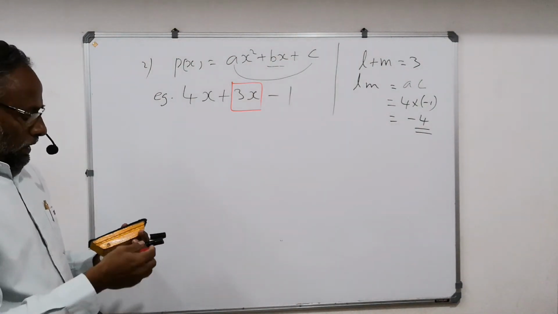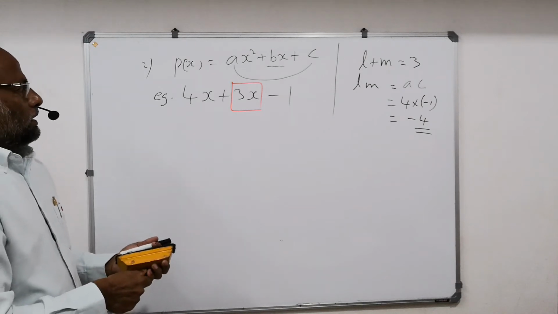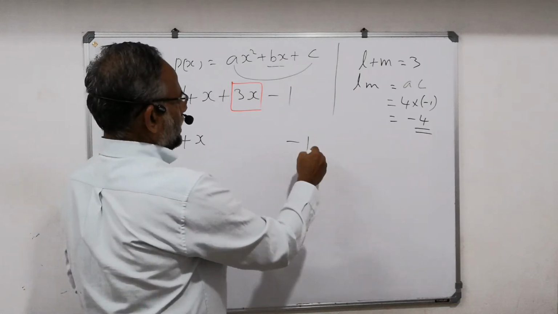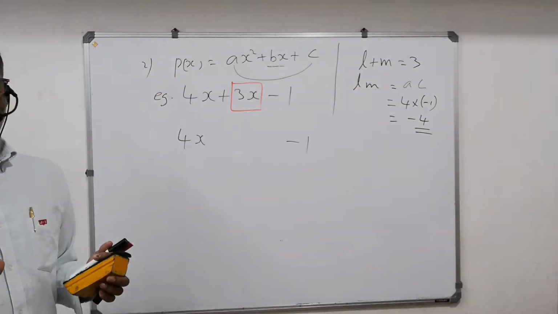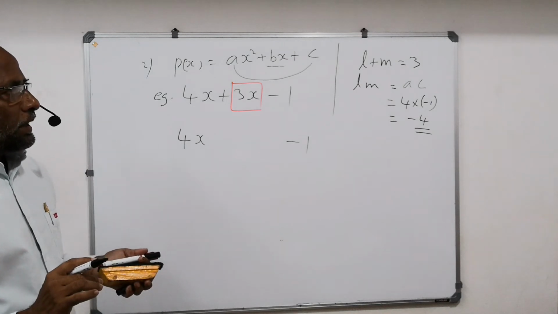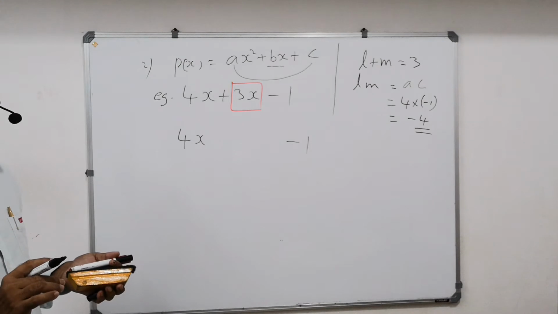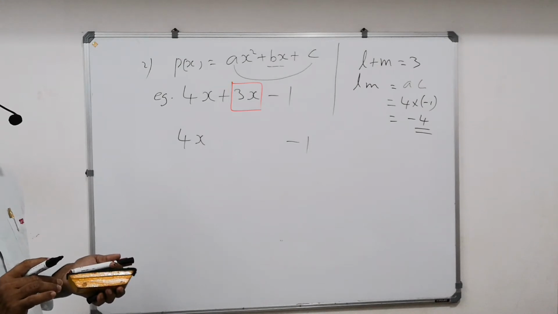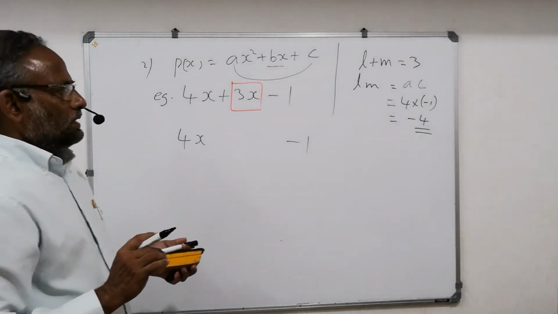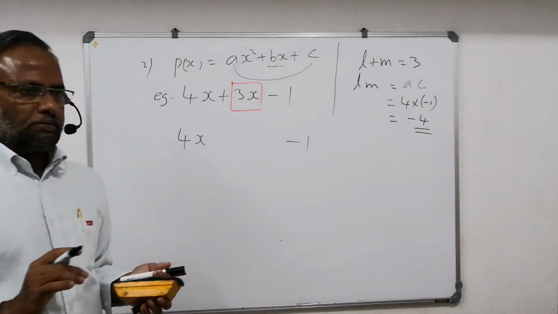Now, for x, you have to write for x only. Here, now minus 1 you have to write. Now split the middle term. How? AC is equal to minus 4 and L plus M is equal to 3. Now think about two numbers. Multiplication is 4 and addition is 3.